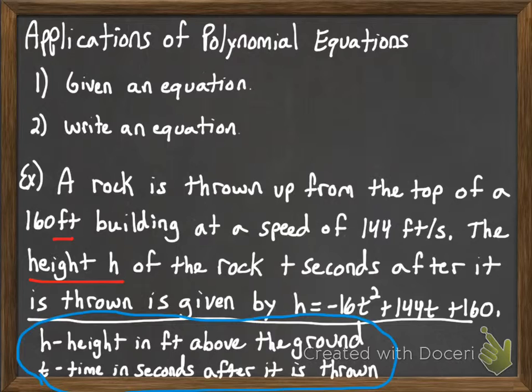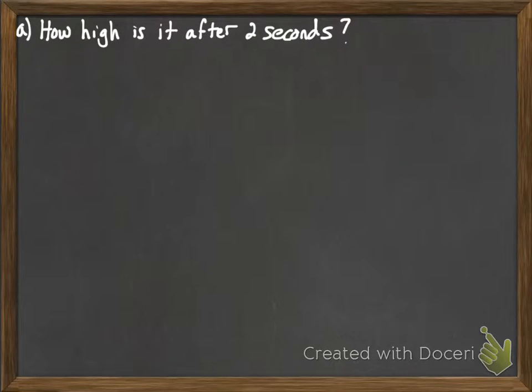Now with that, we can ask some different questions about this rock that we're throwing. We could ask, for instance, how high is it after 2 seconds? So here we recognize 2 seconds as being the time, and we want to find the height, the h.